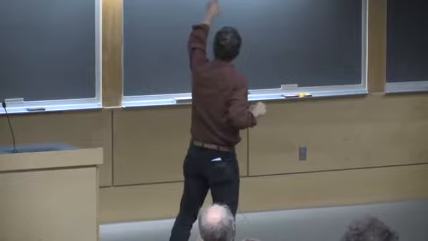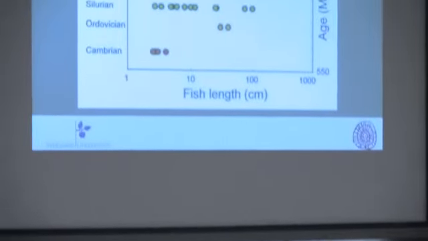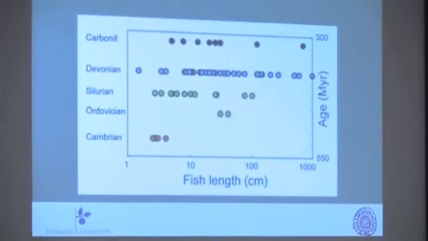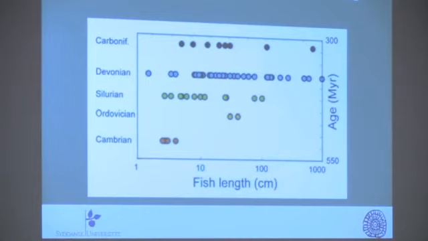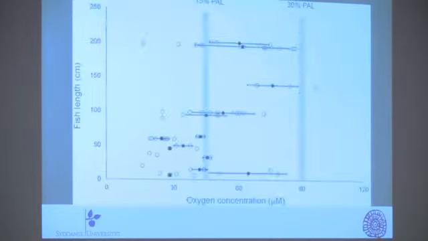And in fact, the Devonian period, that time when plants evolved, that time when we think oxygen rose, that was a time when fish got really, really big. That's pretty cool, right? I think. Well, why is that cool?